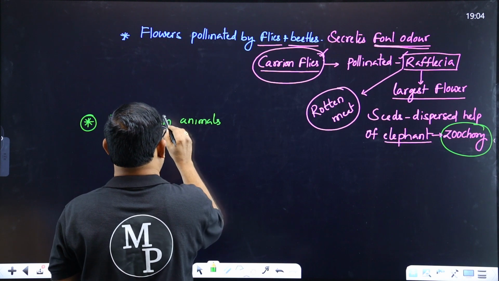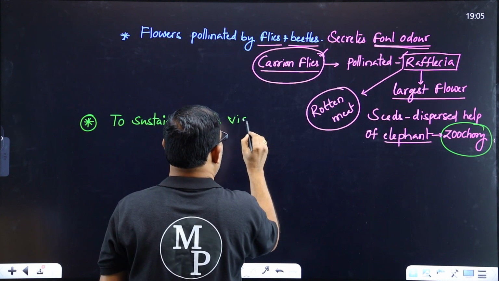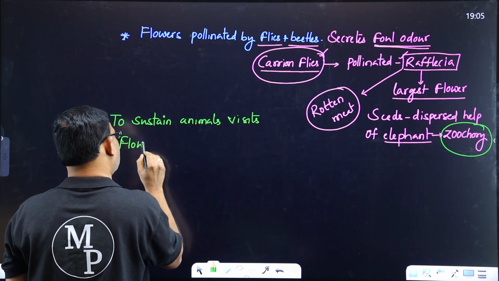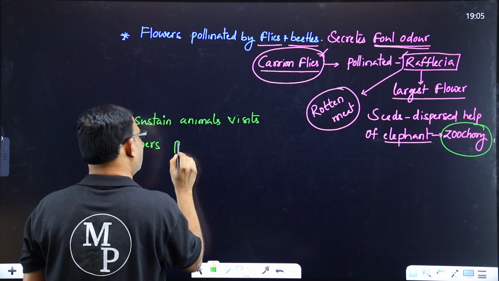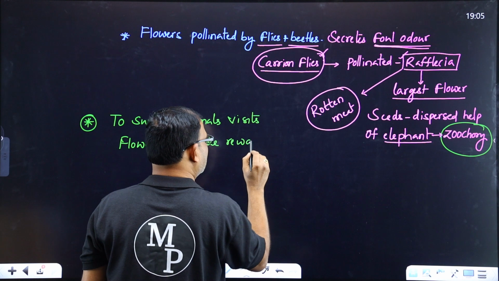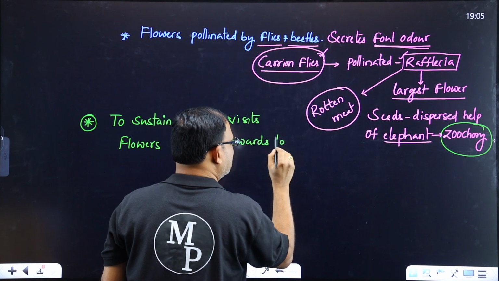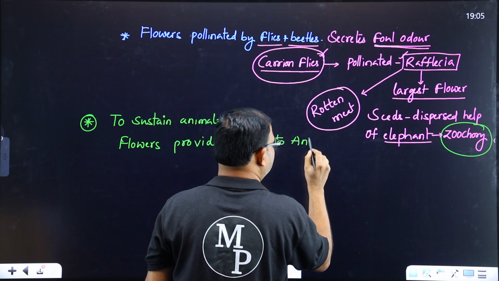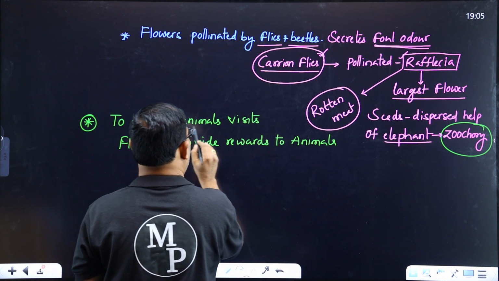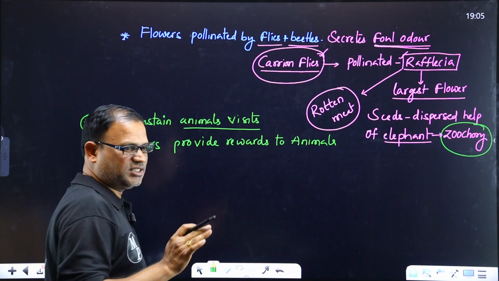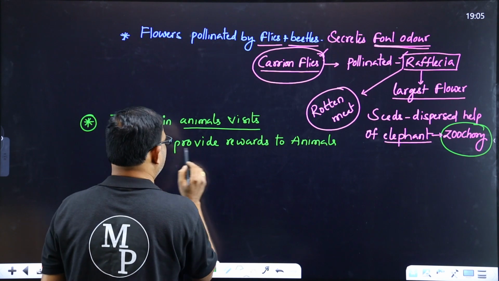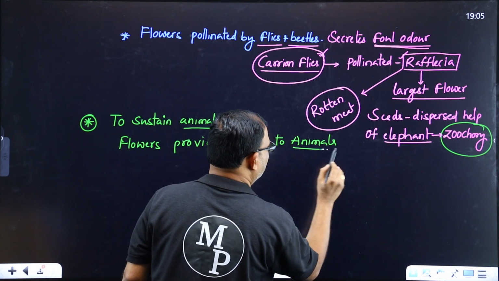To sustain animal visits, flowers provide rewards to the animals. See, all of you, the very important thing is to sustain animal visits. For animals to visit flowers, it is compulsory that flowers provide rewards to the animals.